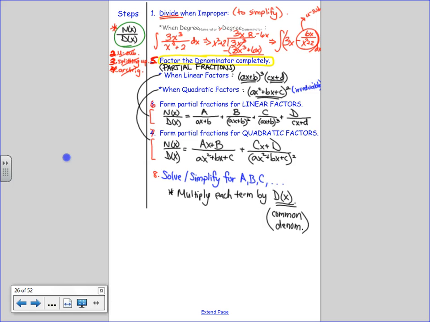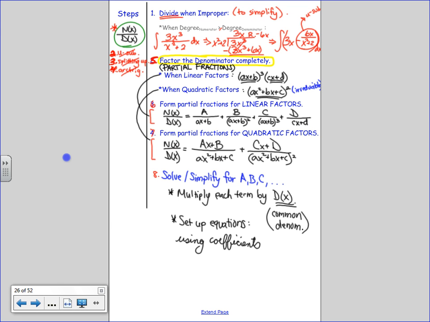and then set up equations using the coefficients.